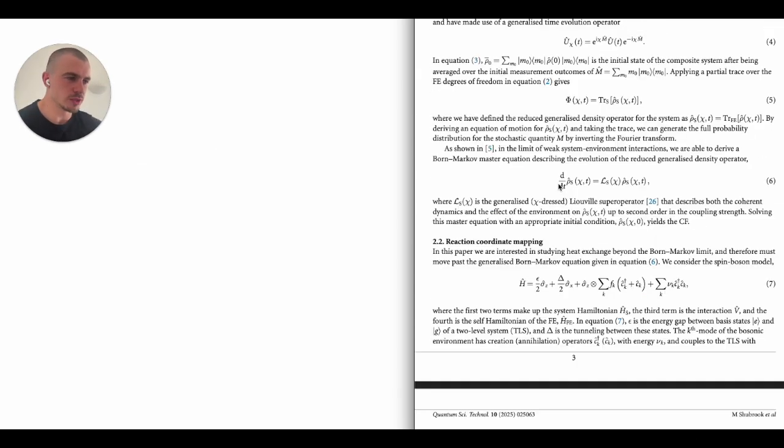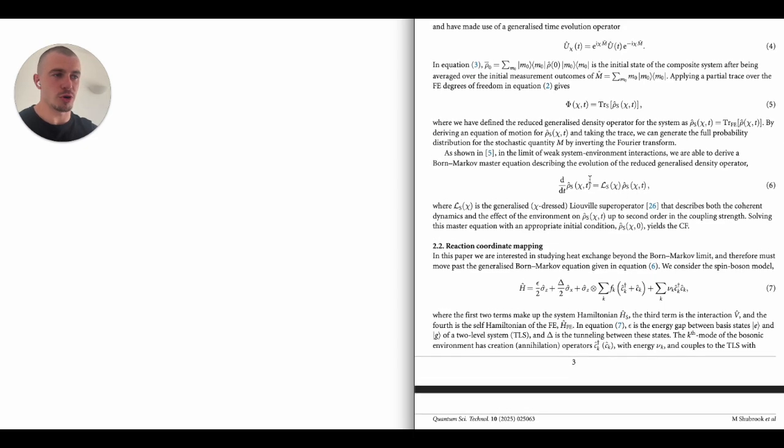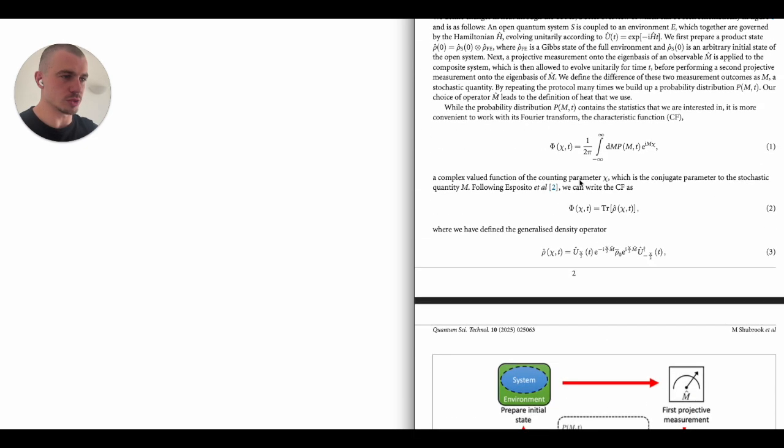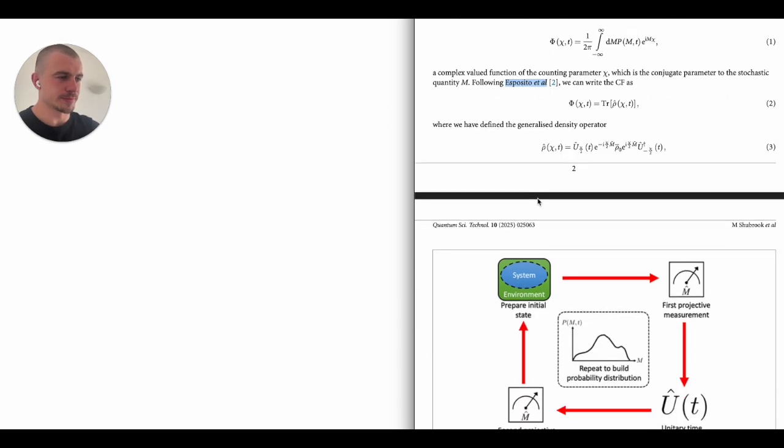So this idea of using a generalized form of a master equation in order to track this generalized system density operator in order to calculate the characteristic function is really interesting and also really useful, because there's nothing stopping us from using a master equation other than the Born-Markov weak coupling master equation, which is what was used originally by Esposito.